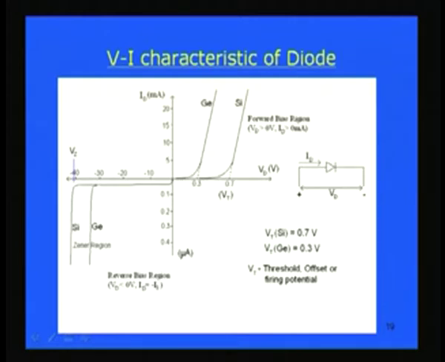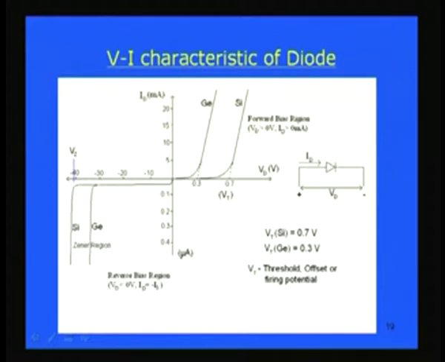After it is increased beyond 0.3 volt for germanium, the current rises almost exponentially. For a very small change in applied voltage, there is a huge change in current. Similarly for silicon, there is a similar curve, only its barrier potential is 0.7 volt.